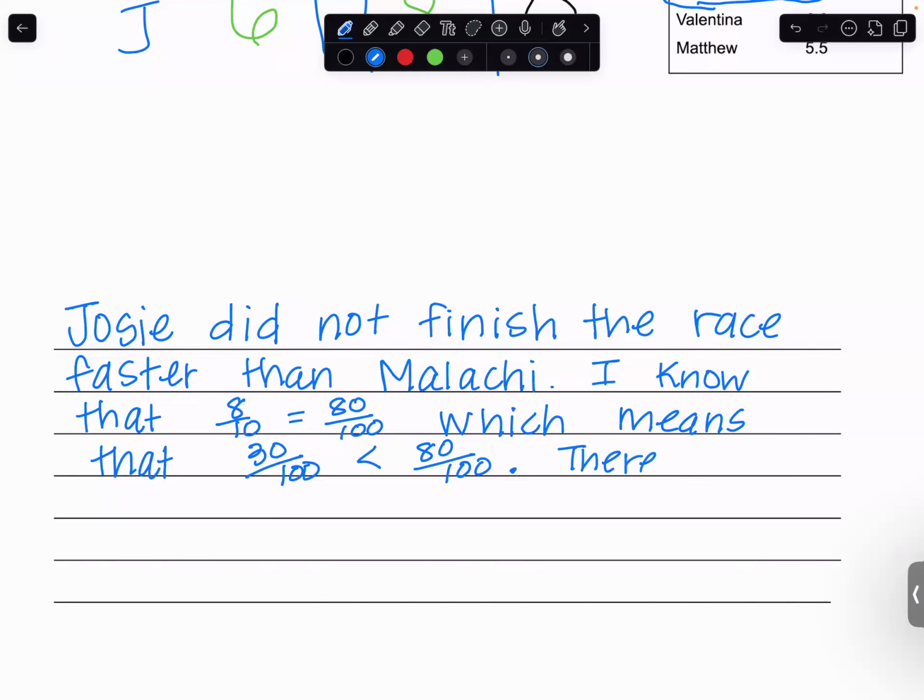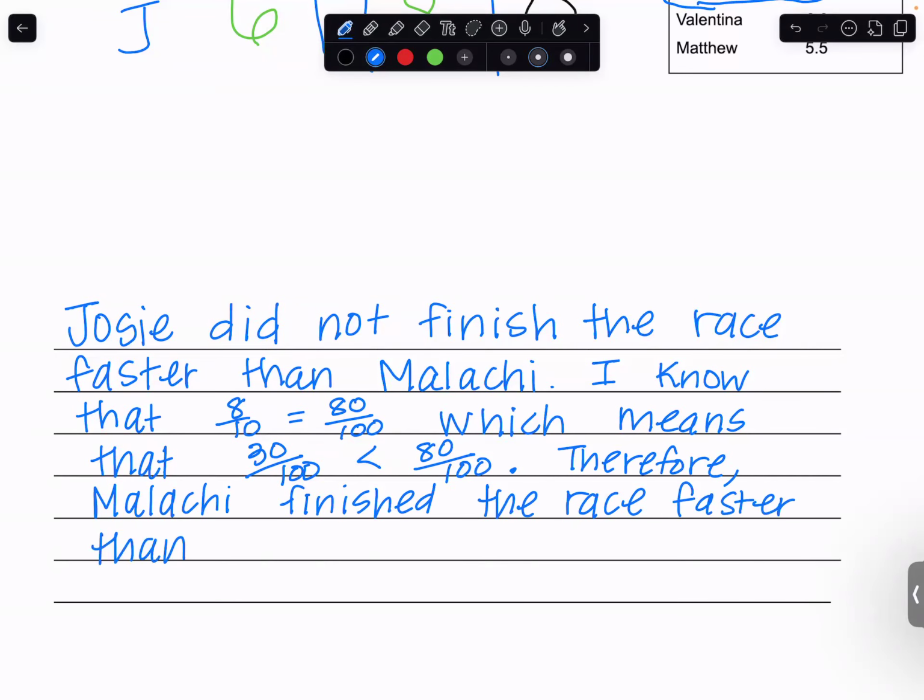Therefore, Malachi finished the race faster than Josie because he used the least amount of time.